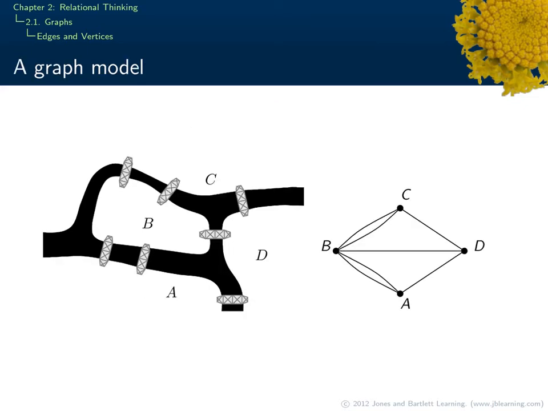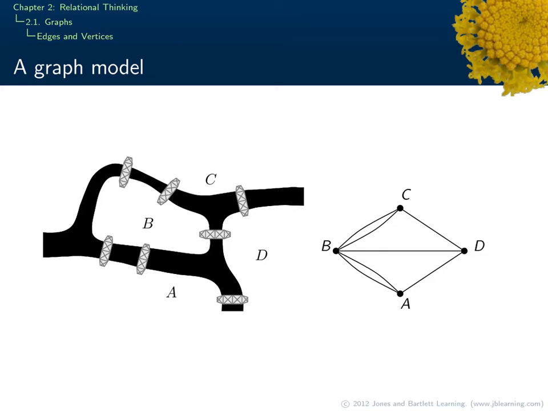The Königsberg bridge problem can be translated to a problem about a graph. If you think about the regions of the city as being regions A, B, C, and D, you can produce a graph whose vertices are A, B, C, and D. And then the existence of a bridge from one region of the city to another induces an edge on the graph.